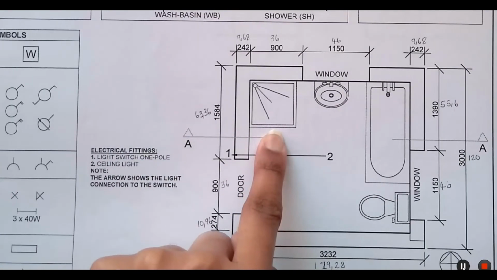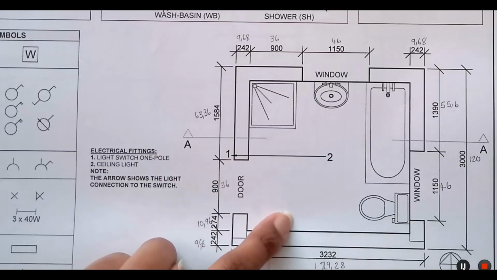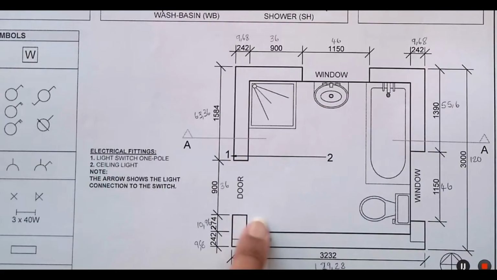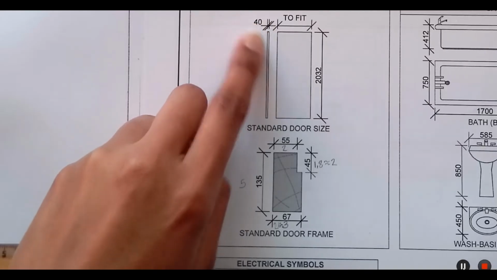So from here, we can see that we have a shower on here. So it would just make sense to make our door swing in this way because there's nothing that's obstructing the door this side. So we'll make the door open this way. And as you can see, the frame of the door is 40 millimeters.